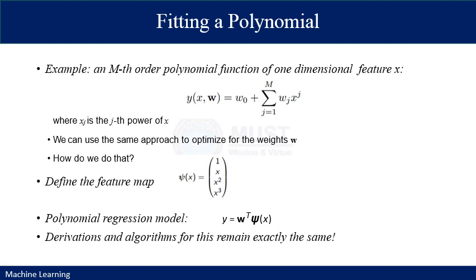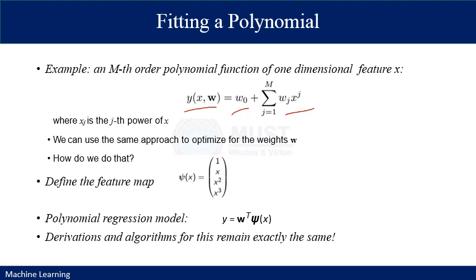You can use an mth order polynomial function of a one-dimensional feature x. Our function will be similar to the previous function we used for linear regression, which was w0 plus w1x. Just in this case, we have a multiple input feature representation of the same input feature vector.